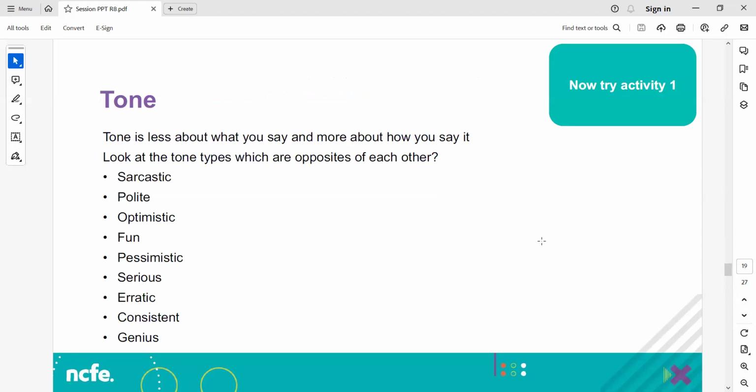Okay, so we're now going to look at tone. Tone is less about what you say and more about how you say it. We've got a list here of different types of tones. I want you to think about which ones are opposites of each other: sarcastic, polite, optimistic, fun, pessimistic, serious, erratic, consistent, and genius. Which of those are opposites?